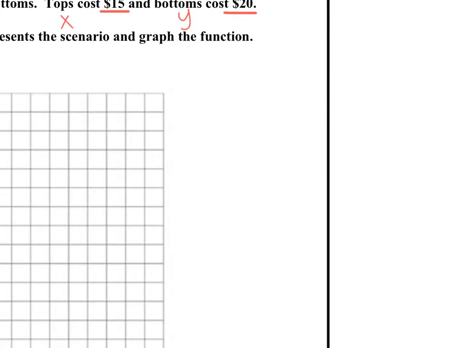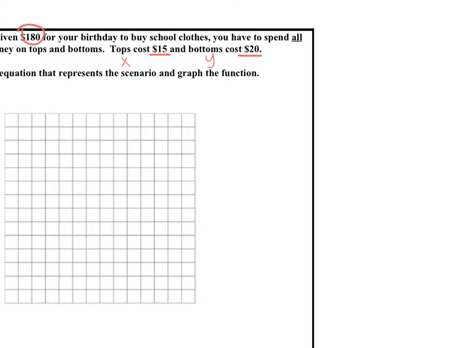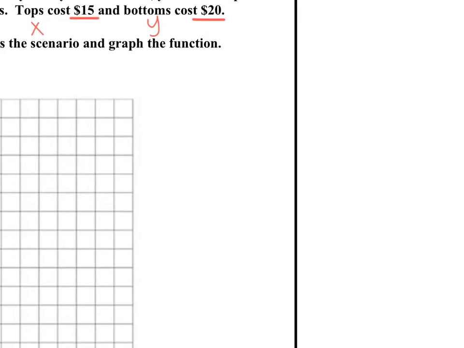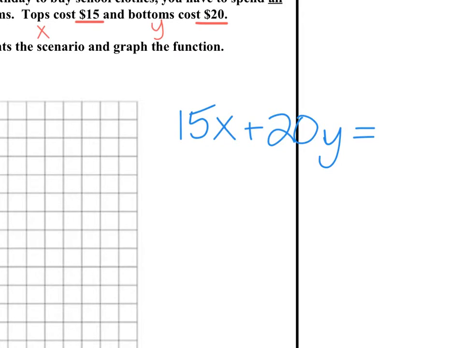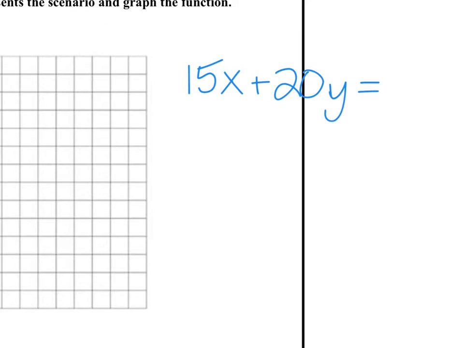So take your standard form equation, which is 15x plus 20y equals the total, 180. And you're going to have to get the slope. So we want to put it in slope-intercept form. So move the x term to the other side. It's positive, so I'm going to subtract it.